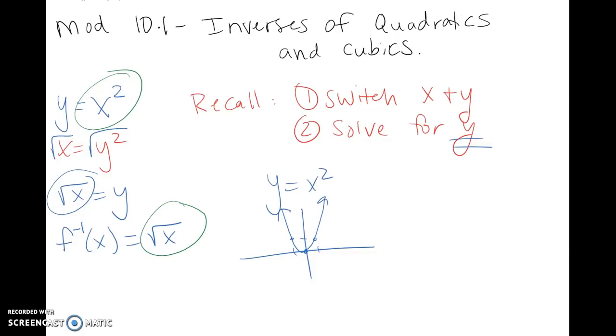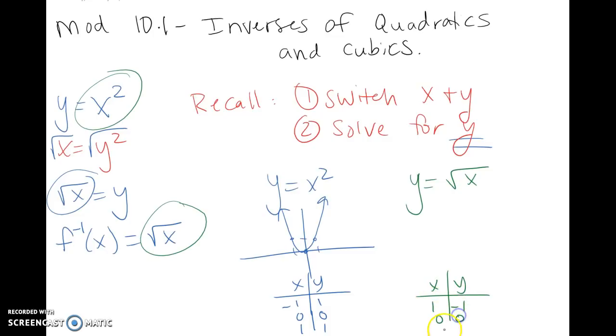And now if we're switching all of our x and y points, if you think about this as a t-chart, we would have the point -1, 1, the point 0, 0, and the point 1, 1. So if I was doing the inverse, y equals the square root of x, that t-chart, if I switch my x and y, it would be 1, -1, 0, 0, and 1, 1.